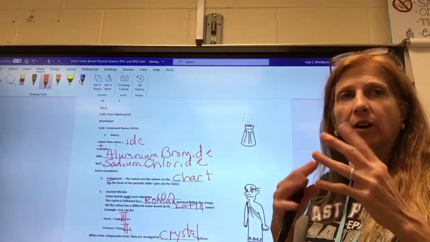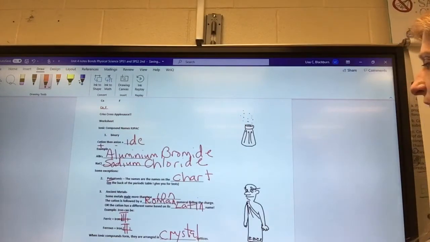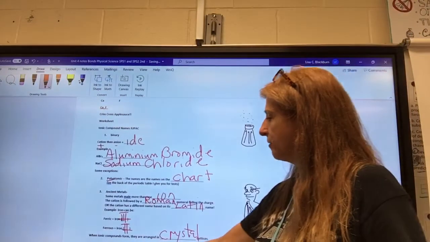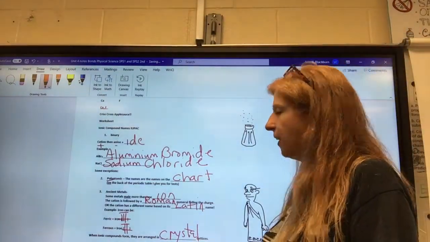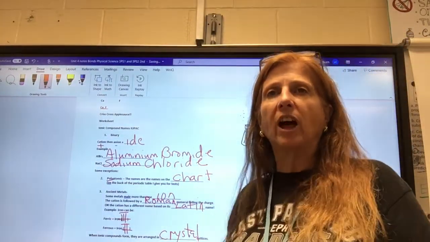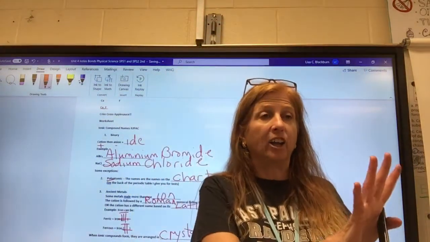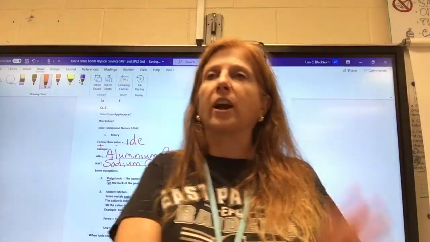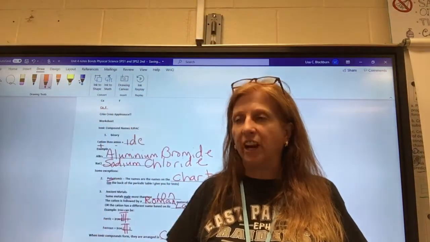Diamonds are in a crystal lattice, and a lot of our jewelry. So, ionic compounds have certain characteristics we're going to learn in the lab. And on the test, I'll have a lot of characteristics, and you're going to tell me if they're characteristics of ionic compounds where electrons are transferred, or if they're covalent where electrons are shared.